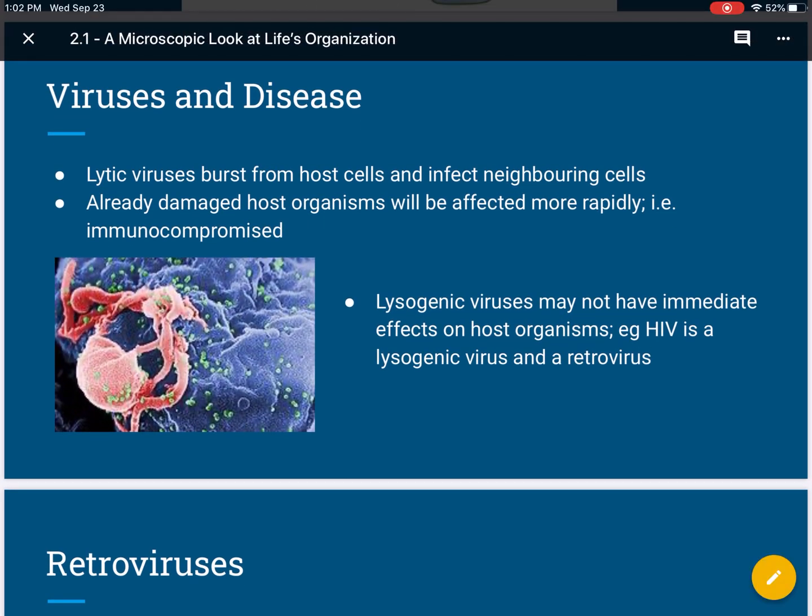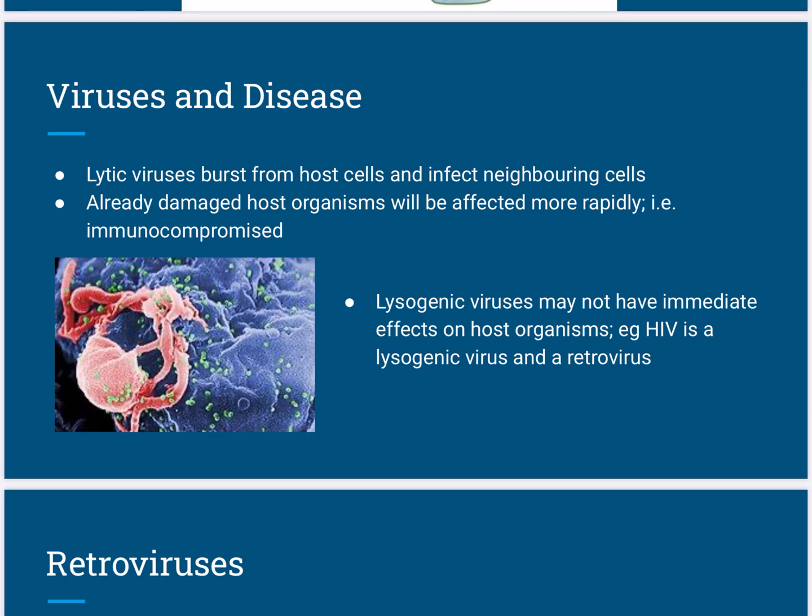Virus and disease. So lytic viruses, they burst the cell and infect the neighboring cells, and already damaged host organisms will be more rapidly affected. So we talk about immunocompromised. This is very common now as we talk about those who are susceptible to COVID-19 because they may be elderly, so they're already immunocompromised.